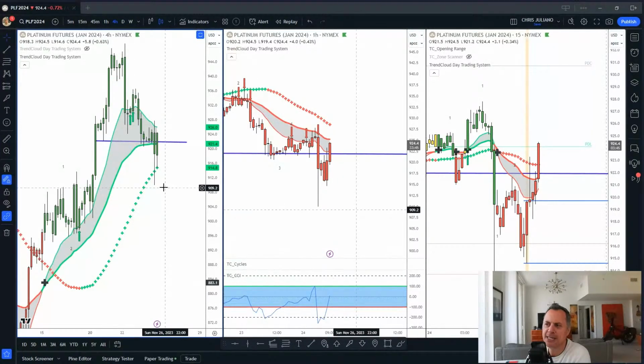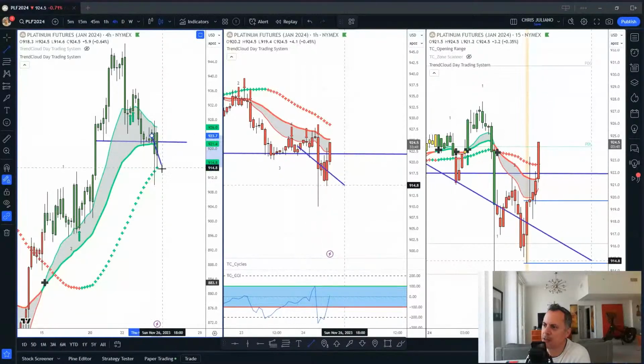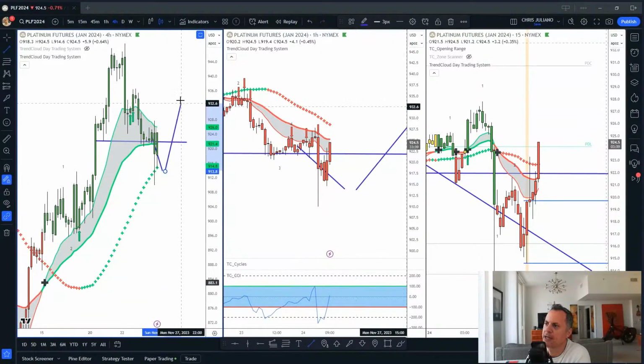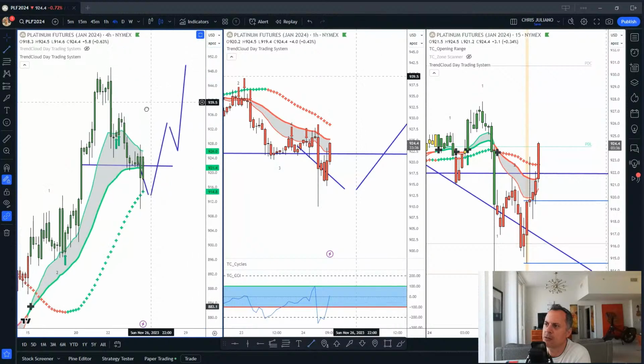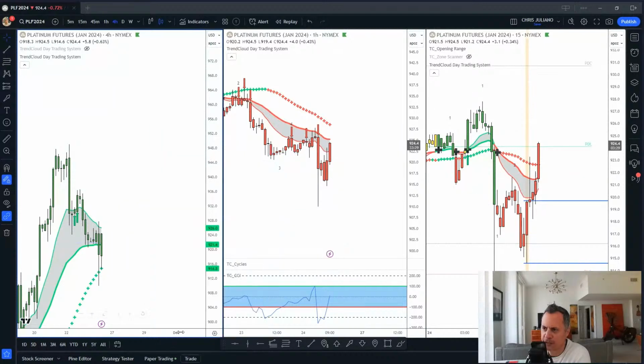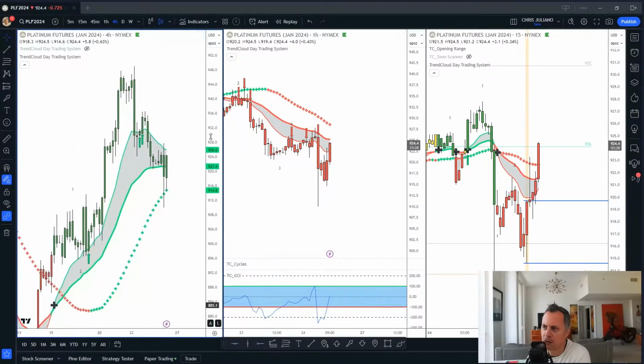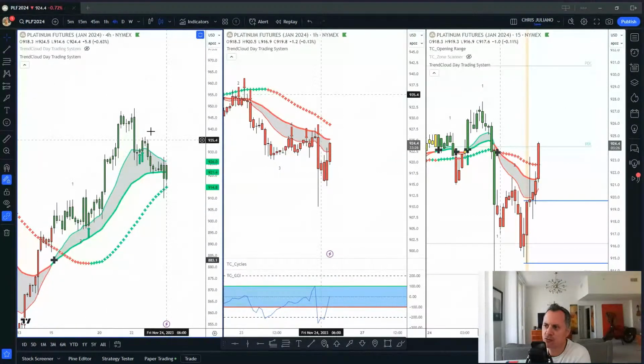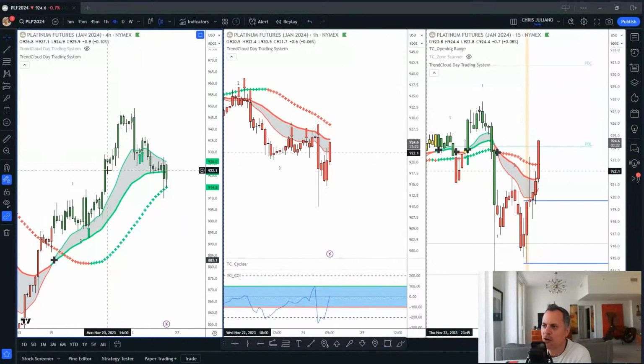And we've all seen this happen, right? We've all seen something like this, right? A continuation up, break above structure. That's why we use TrendCloud, because we know that the general direction of this is up, and we don't just go off of a simple break of structure there.